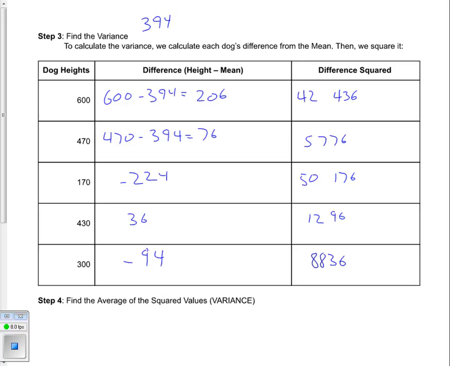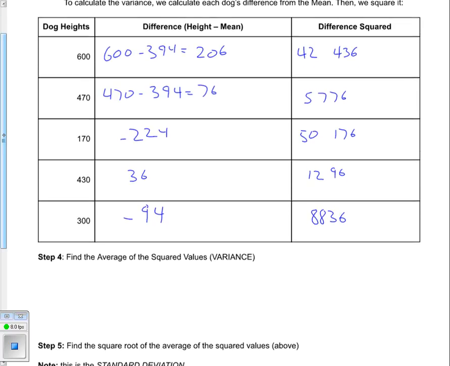Now we want to find the average of the squared values, which will give us the variance. So we're going to sum up all of those numbers: 8836 plus 1296 plus 5176 plus 5776 plus 42,436, which is going to be 108,520.